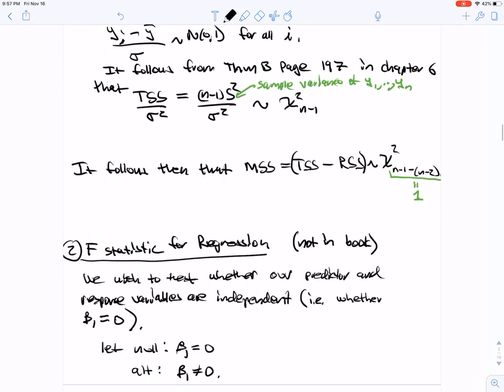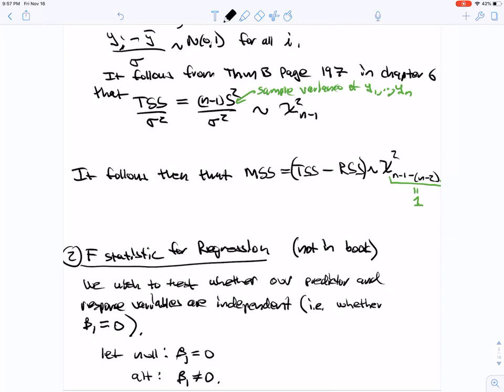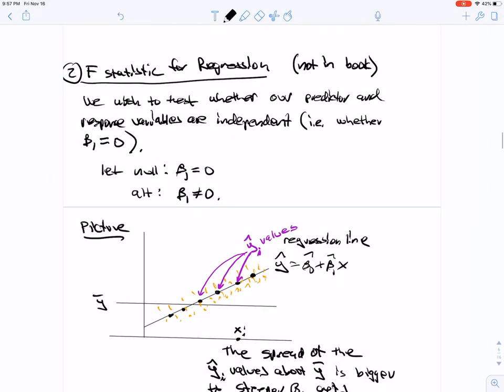So it follows then that the MSS, which is the TSS minus the RSS, is a chi squared of 1 degree of freedom.